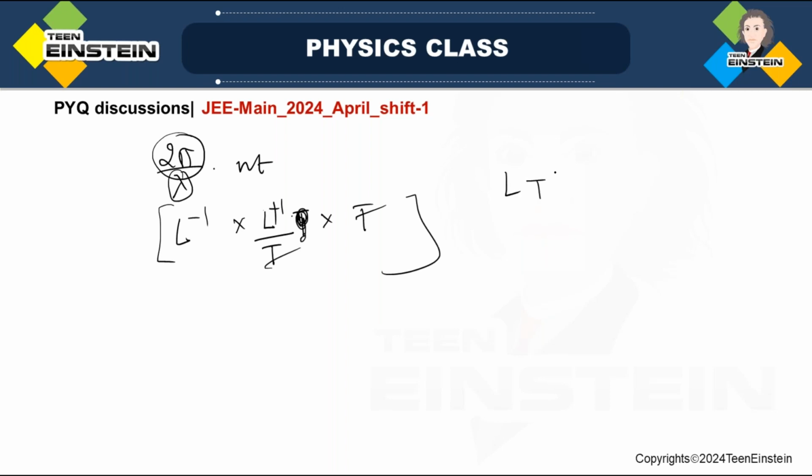And what is given here? n is given as L to the power minus 1, that is fine.